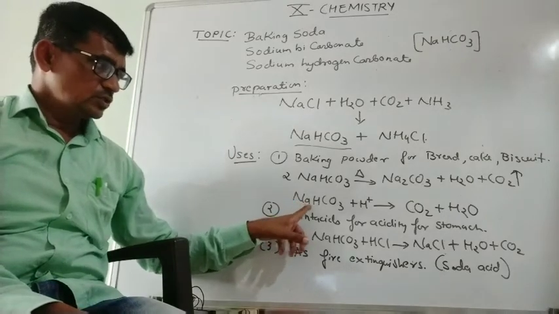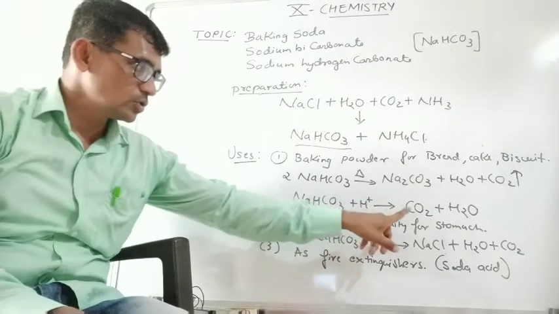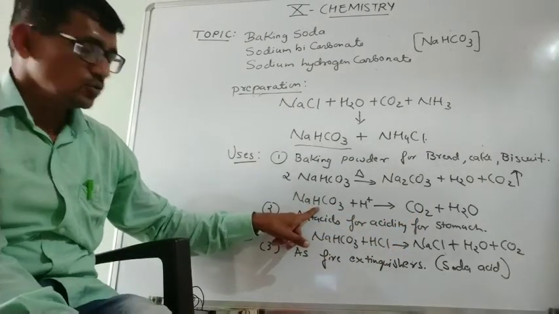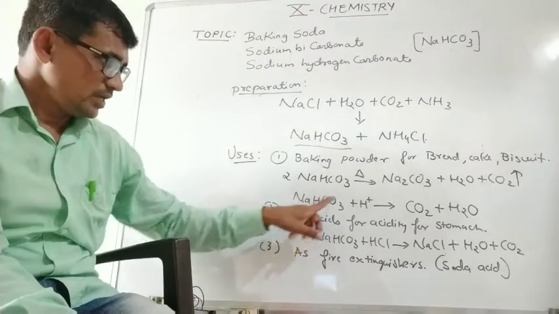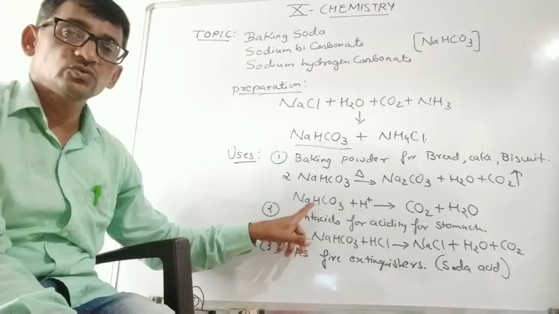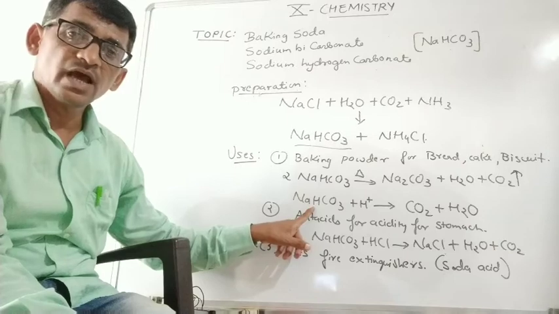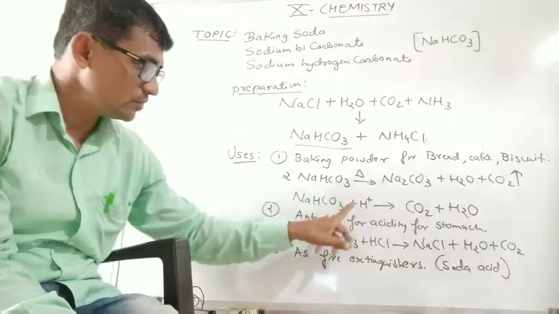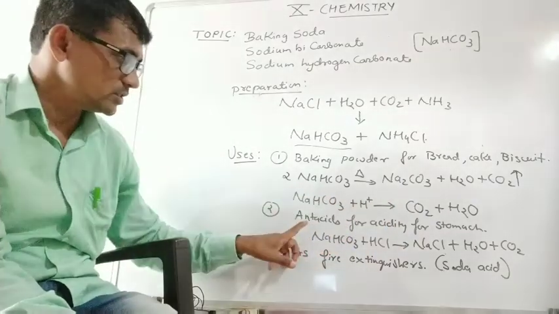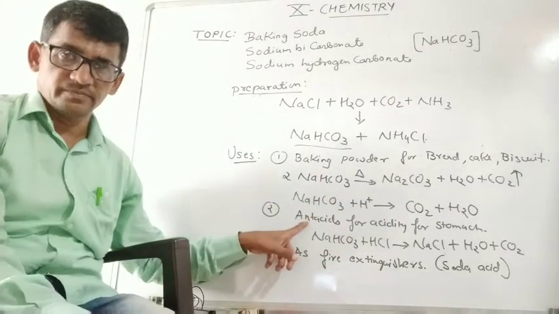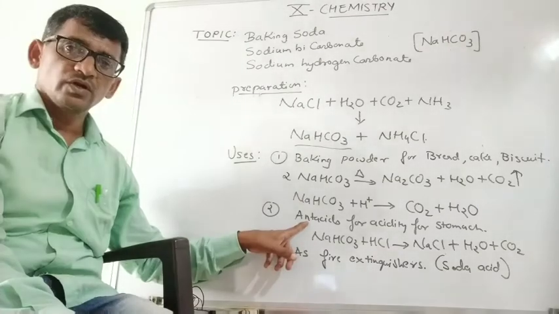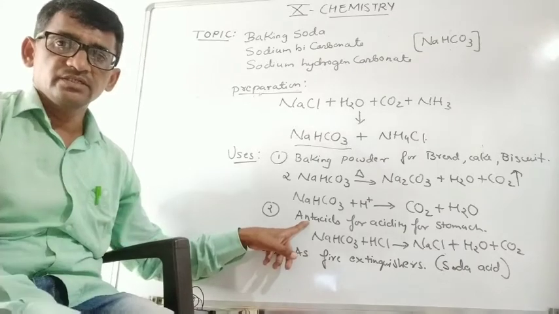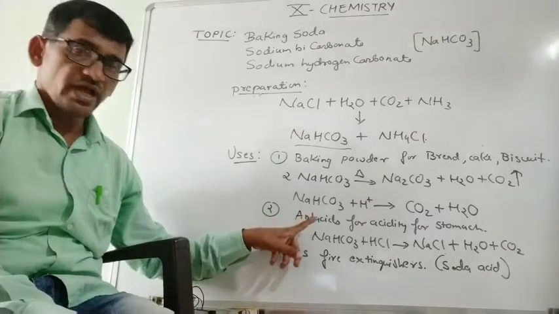Next, NaHCO3 in acidic medium, H plus, also releases CO2 gas. It means it is used as an antacid. Acid reacts with this base. Sodium bicarbonate is an alkaline solution, which reacts with acid and gives CO2. In the stomach, if you take high protein food, acid comes out and acidity forms.